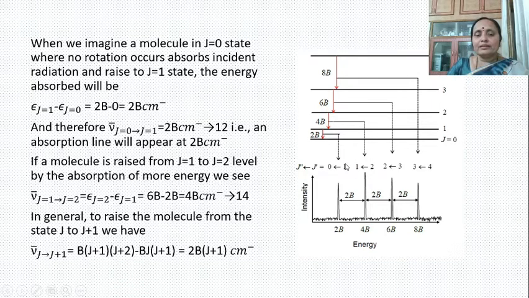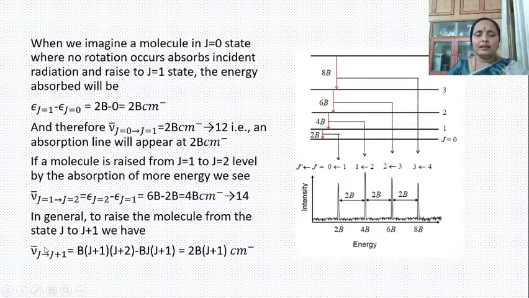Likewise, if a molecule rises from j equal to 1 to 2, or jumps from 2 to 1, I will get a line at 4B. So I get a line from 1 to 0 or 0 to 1 at 2B, from 2 to 1 or 1 to 2 at 4B, and this goes on.